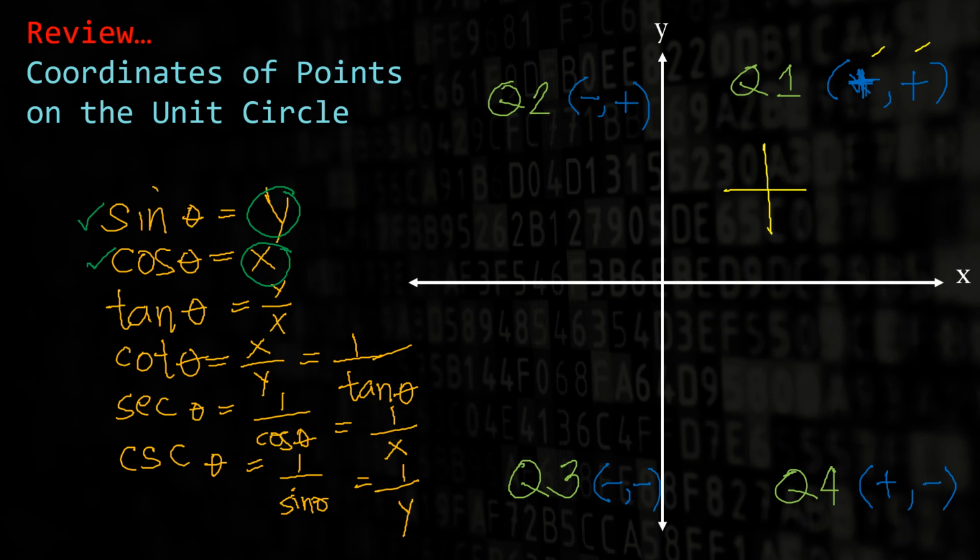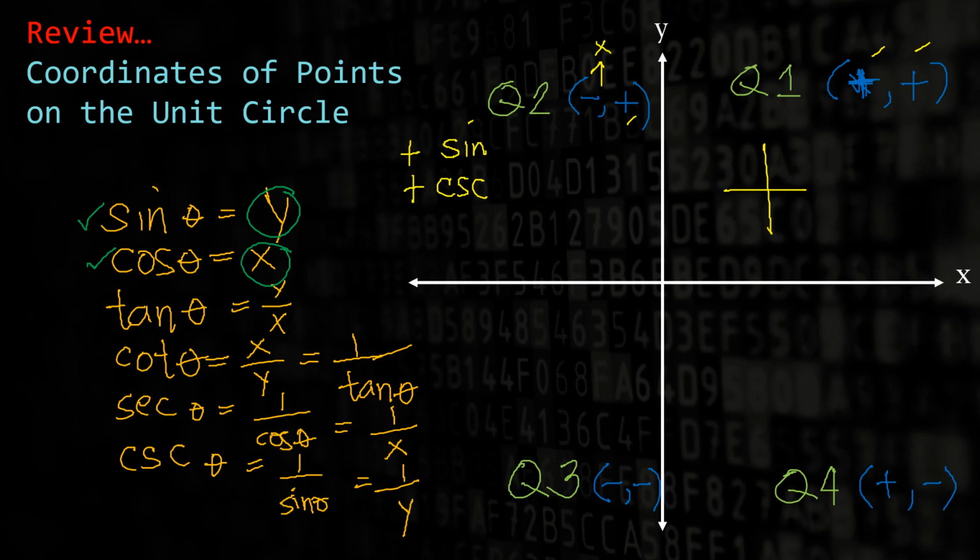So no problem for quadrant 1. All are positive values. However, when we proceed to quadrant 2, x here is negative. Therefore, those functions that require x must also be negative. Sine is positive, so the reciprocal of sine, cosecant, is also positive because they do not require x.